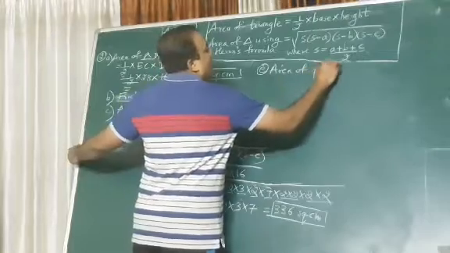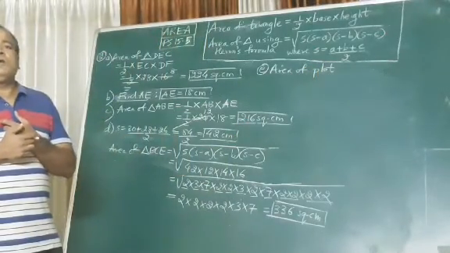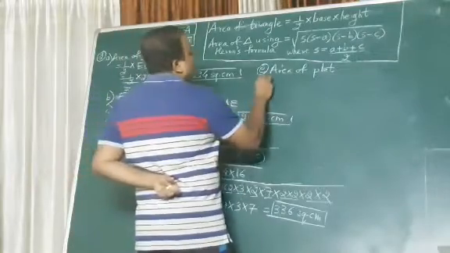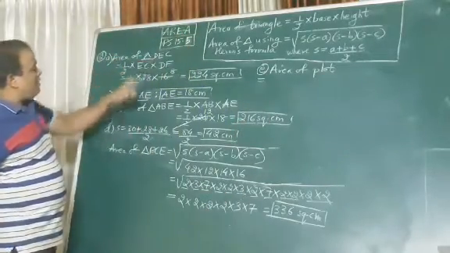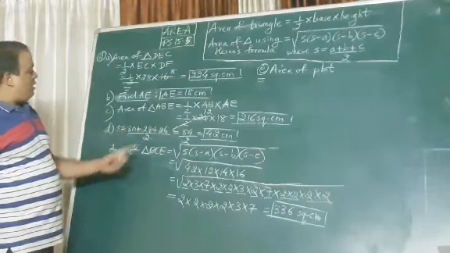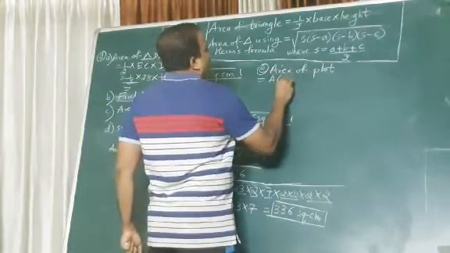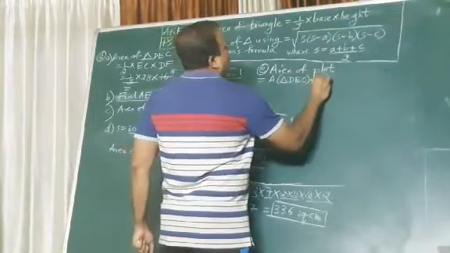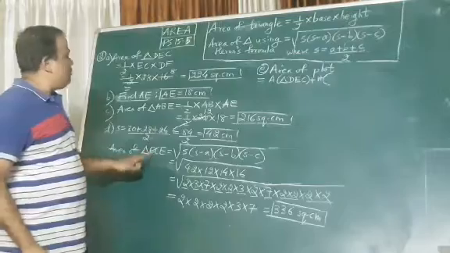Area of the plot is, you have to add all the 3 triangles: BEC, ABE, and BCE.